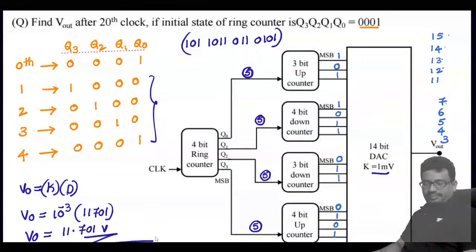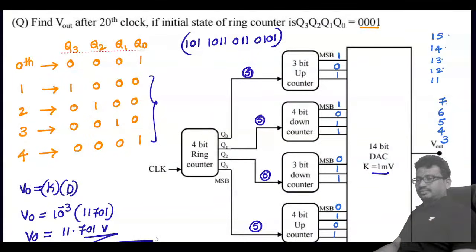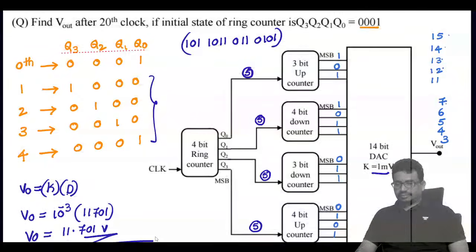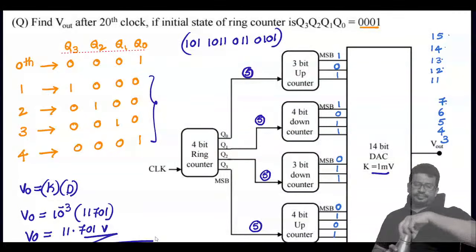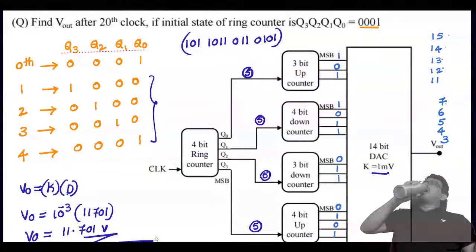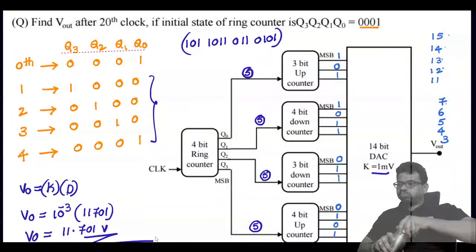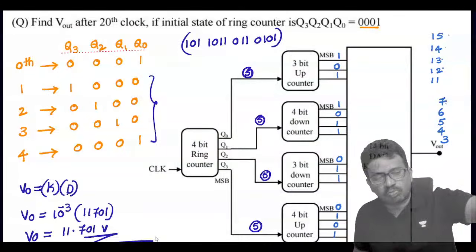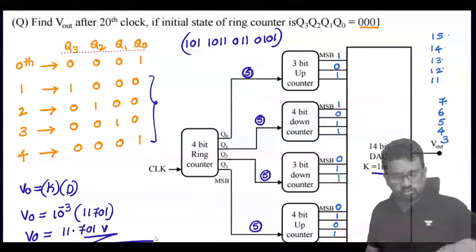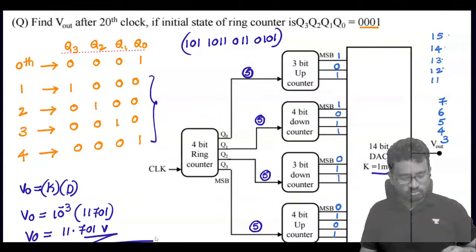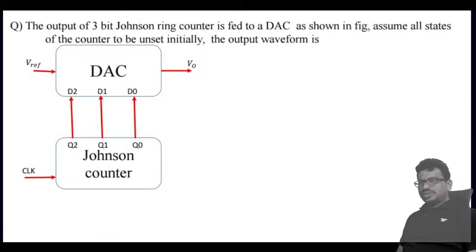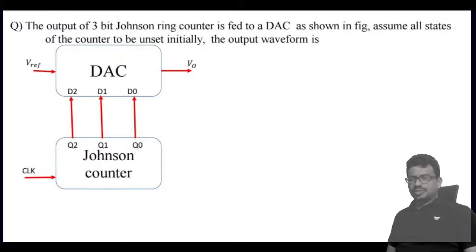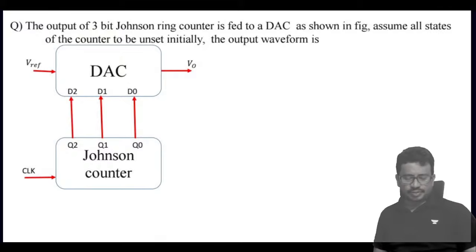Got it. Next. Now they gave a Johnson counter. We need to find this output.